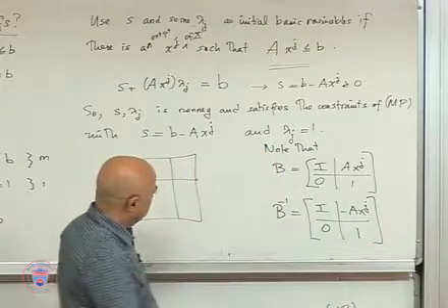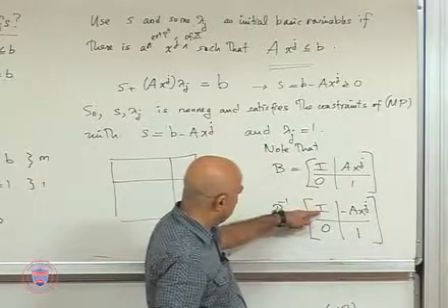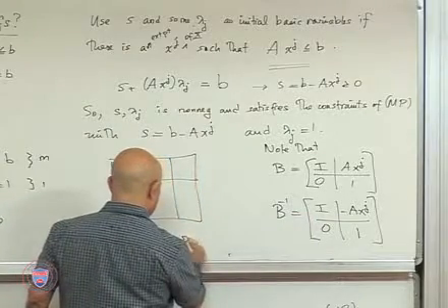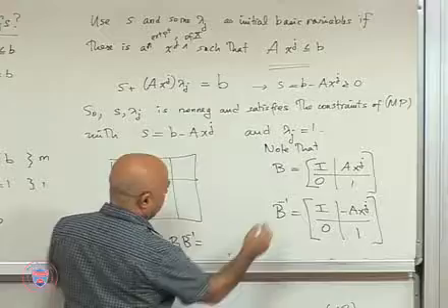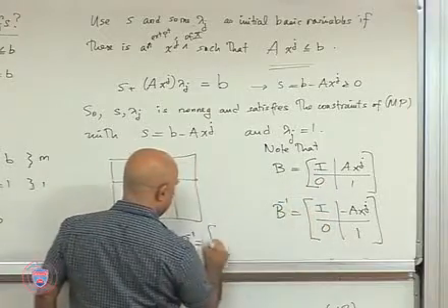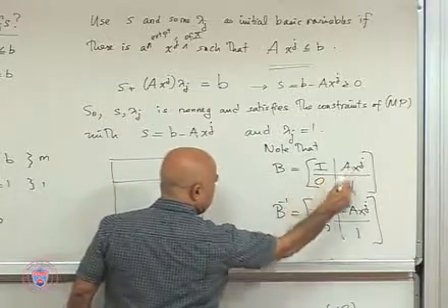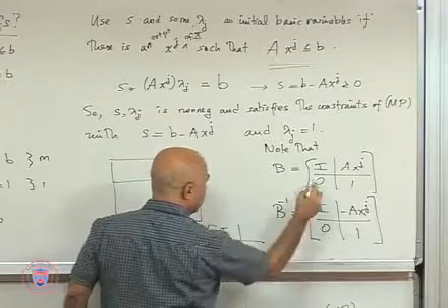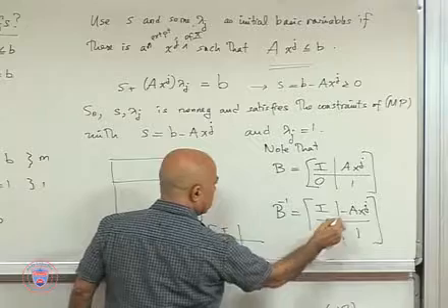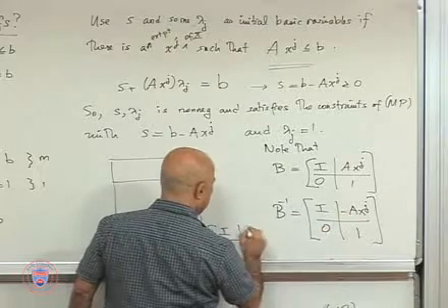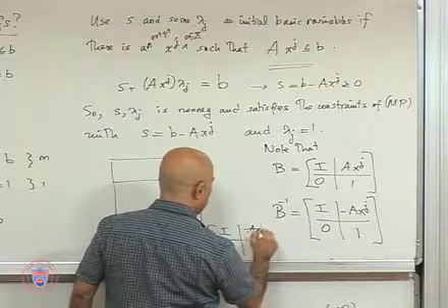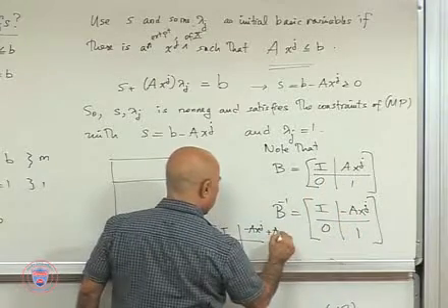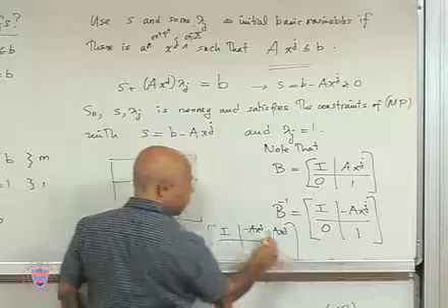Am I right? Let me see. So what is B inverse B? Let's just do a quick check. I times I plus axj times 0. So this will be I when you multiply. And then I times minus axj plus axj times 1, which gives you 0 for that part.